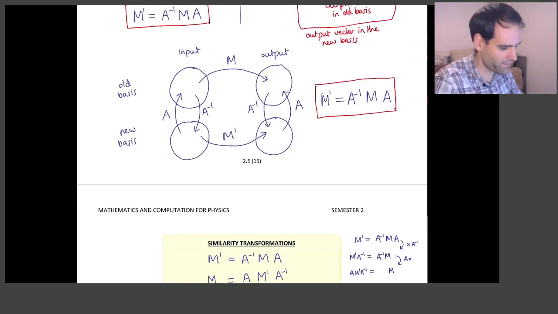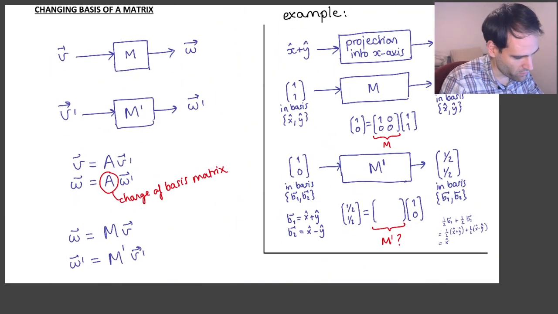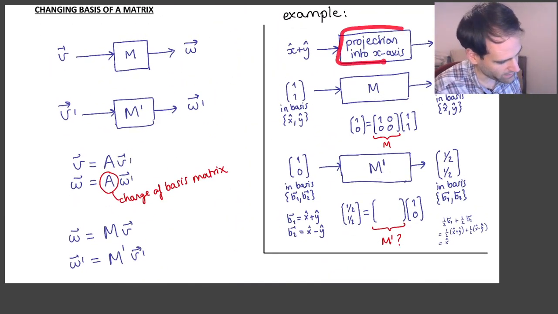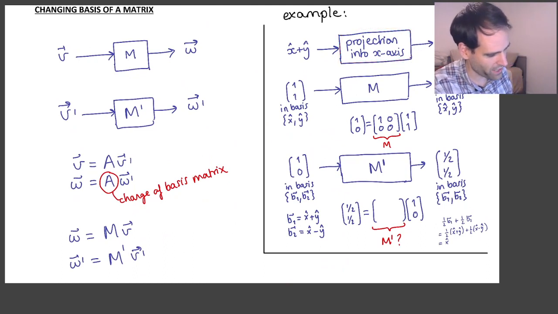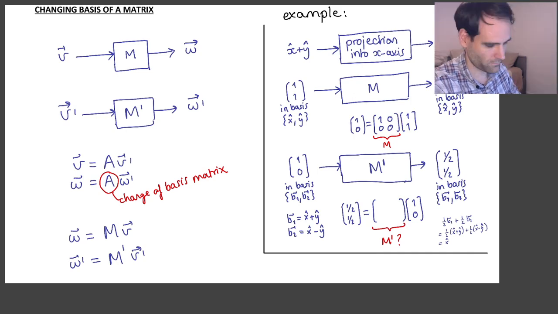Do you remember the example I gave you where we had the projection into the x-axis and we could either write it as matrix M in the basis x hat, y hat or as matrix M prime in this new basis B1 and B2. Let me fill in this matrix very quickly.